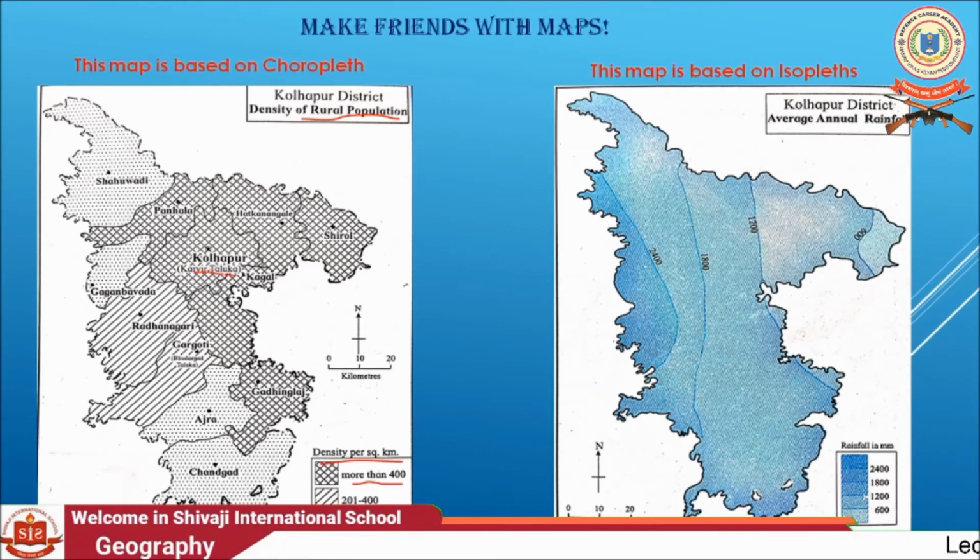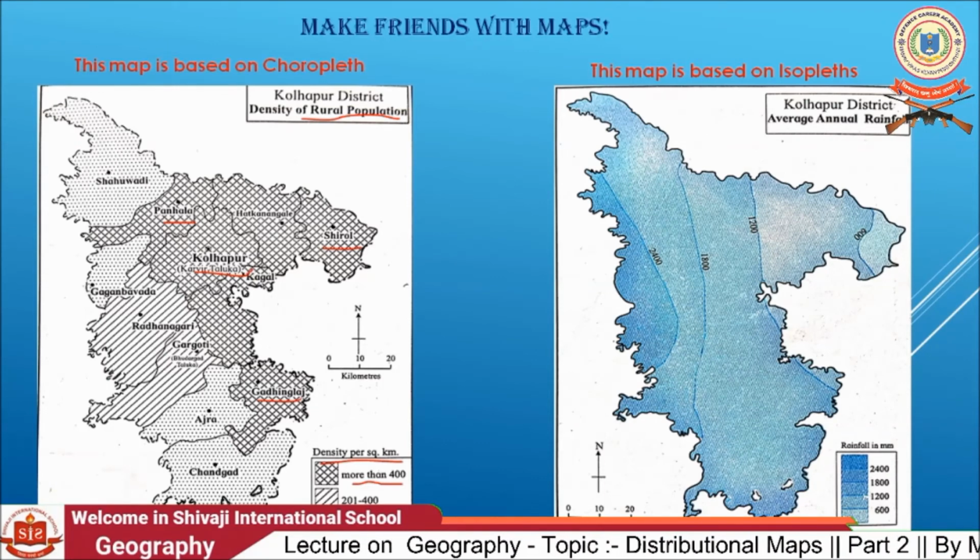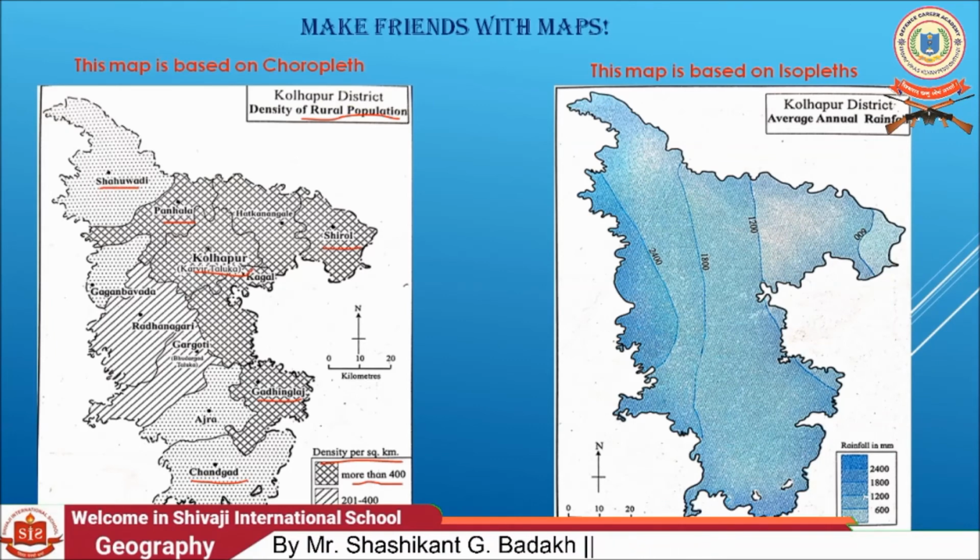Kolhapur, then Panhala, then Shirol, and also Gandhinglaj have a population density of more than 400, whereas you can see, students, less than 200 population density here in Chandgad, as well as Shahuwadi, Gaganbawada, and Ajra, having less than 200 per square kilometer.